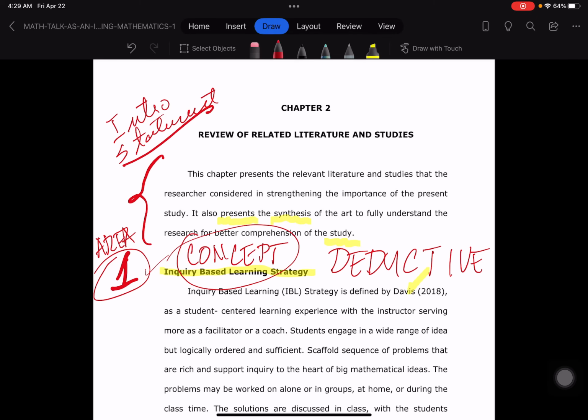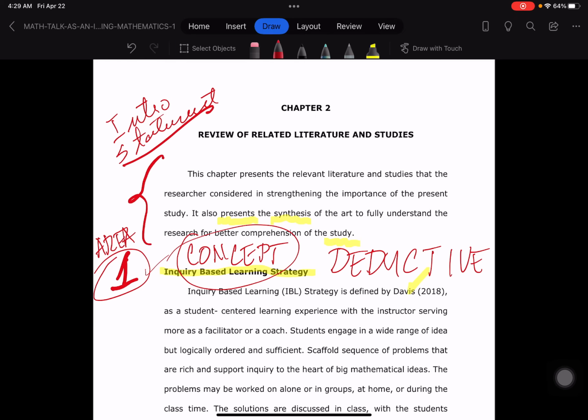Again, setting the expectation of the reader, what they will read preceding this particular statement. So this chapter presents relevant literature and studies that the researcher considered in strengthening, reinforcing the importance of the present study. So again, this is just a brief presentation of what is expected in the preceding part of your research.